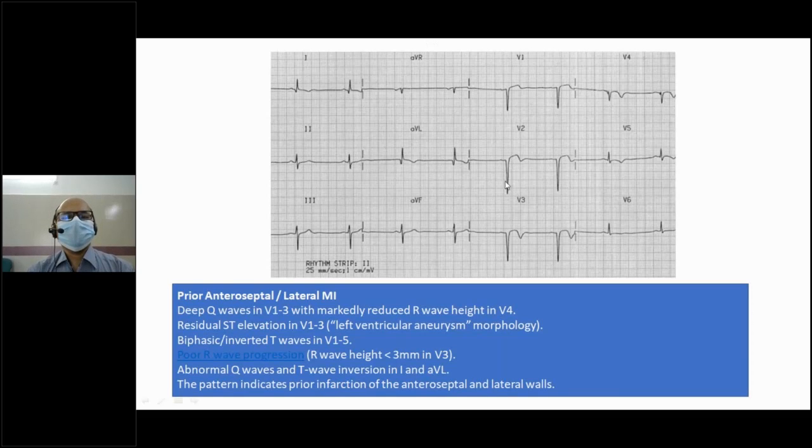This is a pathological Q wave. This is ST elevation, biphasic T wave, and 1, AVL and V5, V6 ischemic changes. Other ischemic changes, ST depression, T inversion.